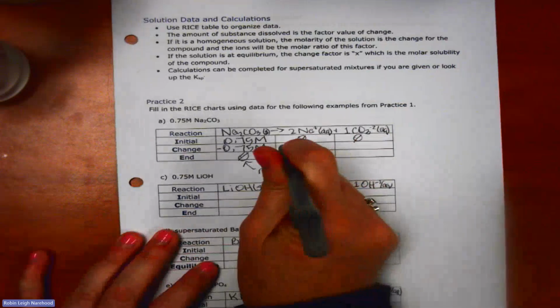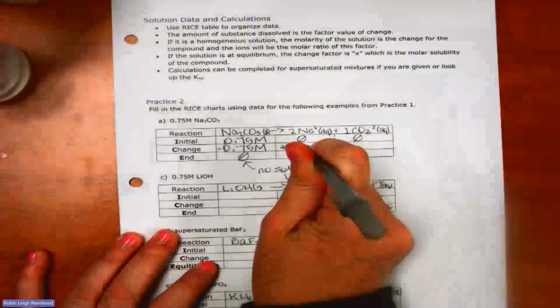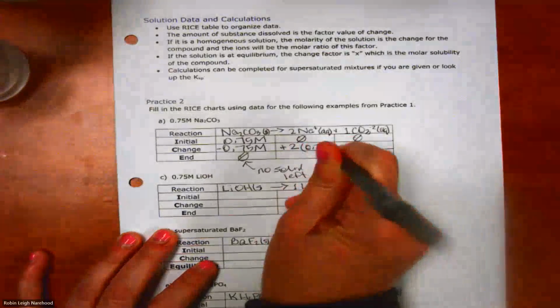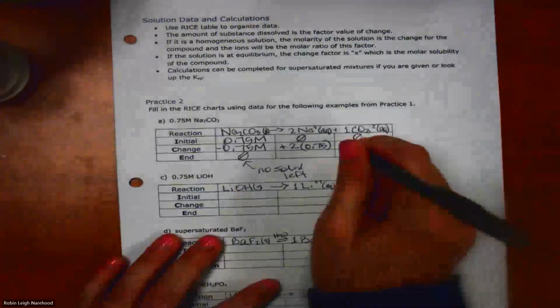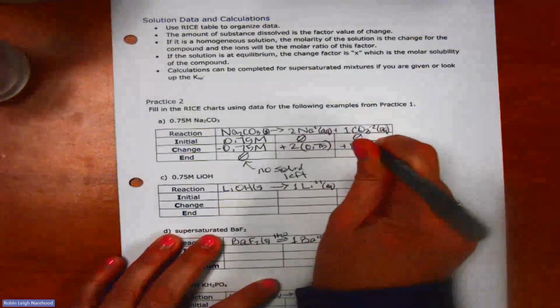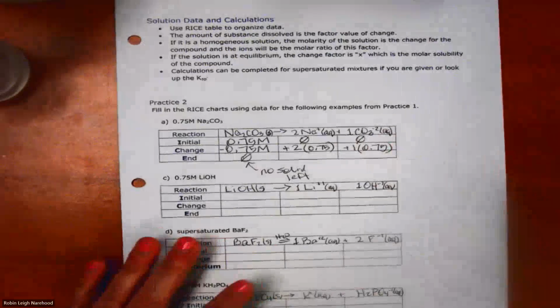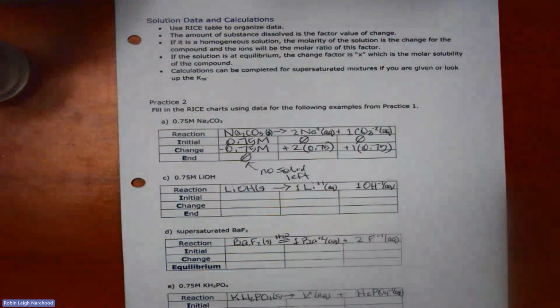So it's going to be plus, because it's being created, 2 times 0.75. And what about carbonate? Plus 1 times 0.75.